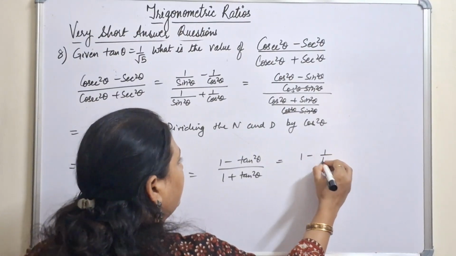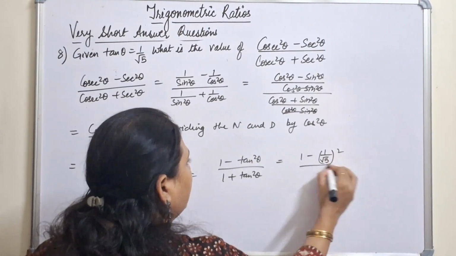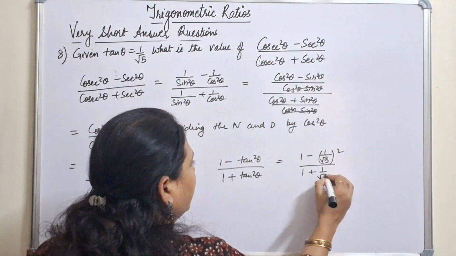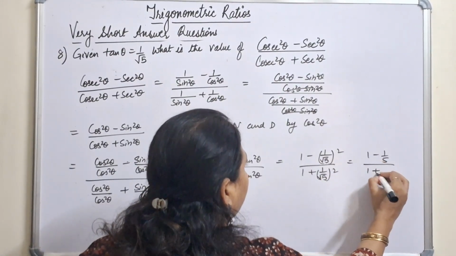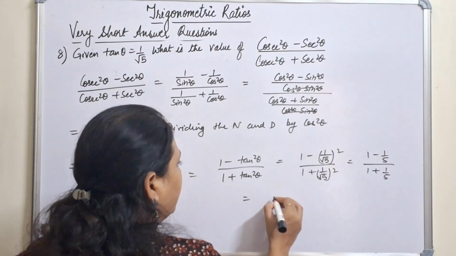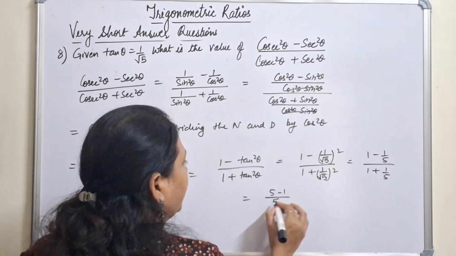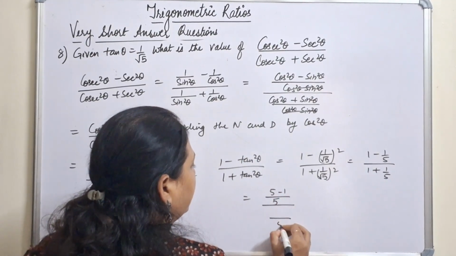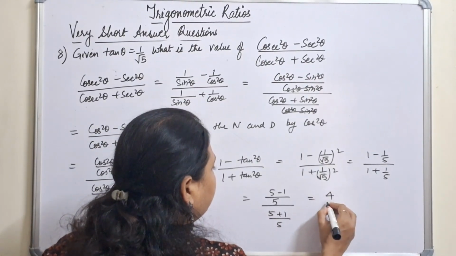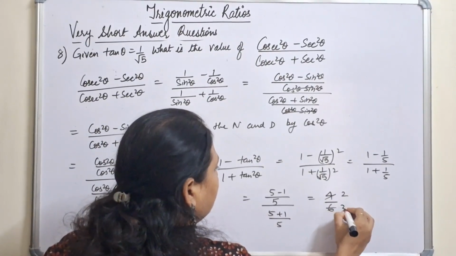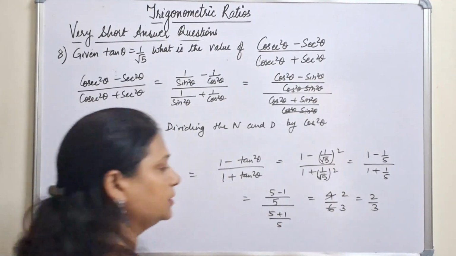Substituting the value, 1 minus 1 upon root 5 square upon 1 plus 1 upon root 5 square. So 1 minus 1 upon 5, 1 plus 1 upon 5. After taking LCM, 5 minus 1 and here also 5 plus 1. So it is 4 upon 6. Finally it is 2 upon 3.